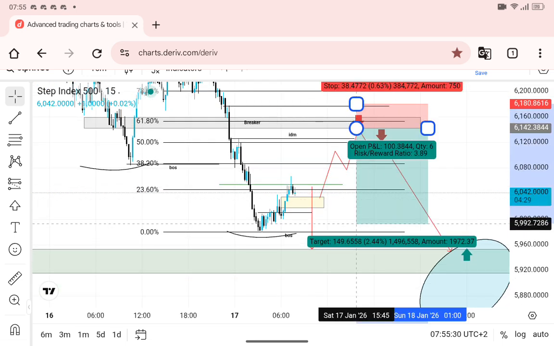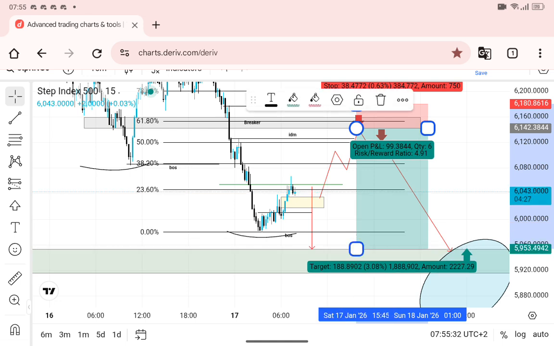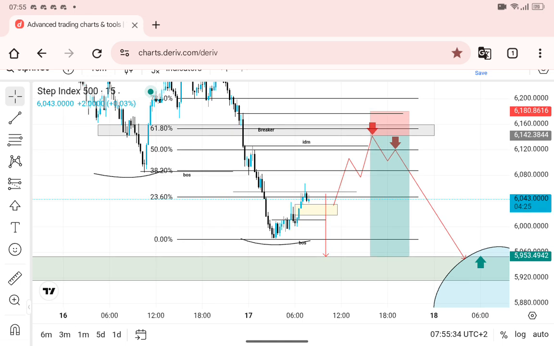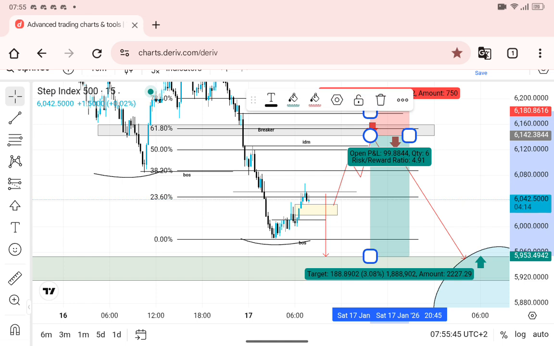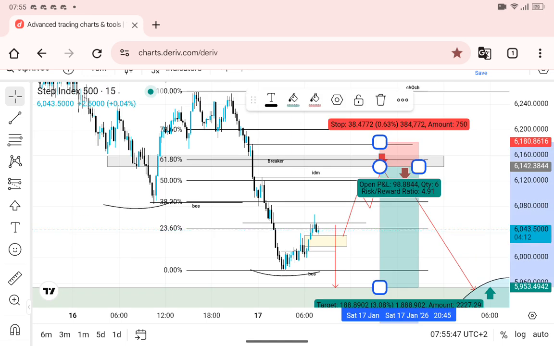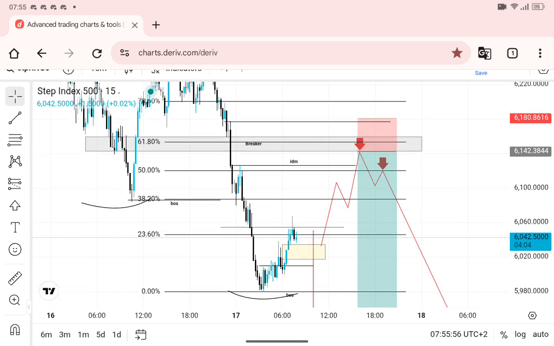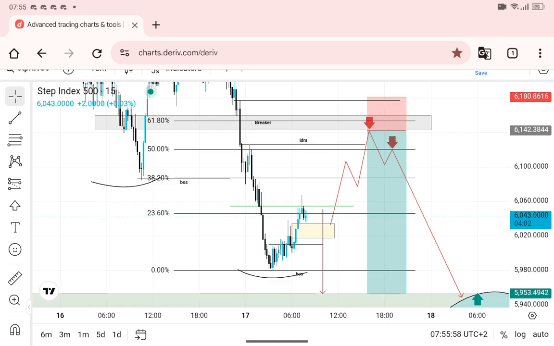That means, let's say if it was 0.50 and I'm willing to risk $10, since the stop loss has changed from 0.50 to 0.63, which is still less than 1%, instead of risking $10, I can risk maybe 7, right?